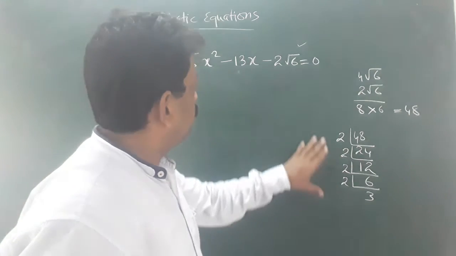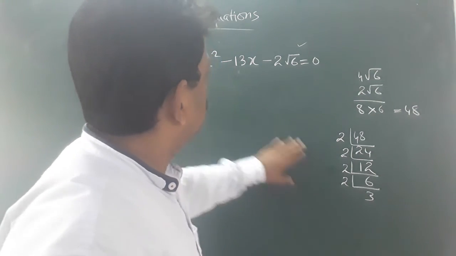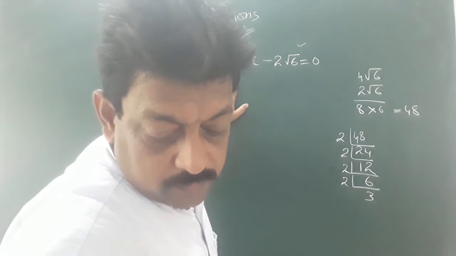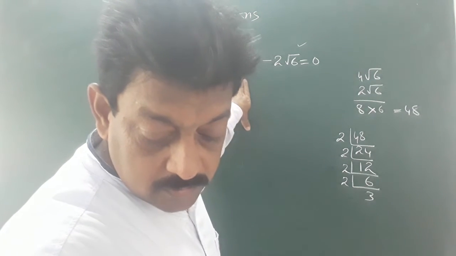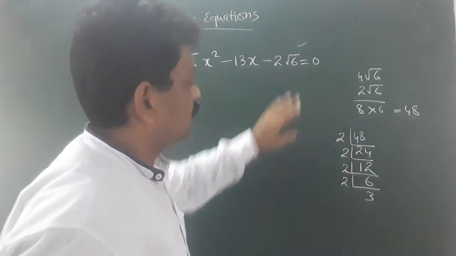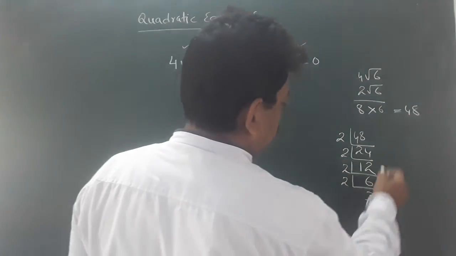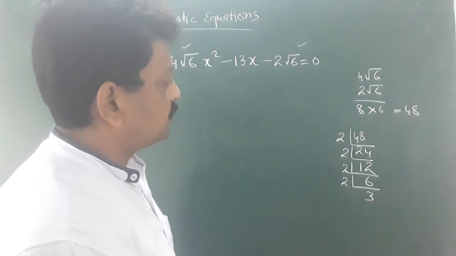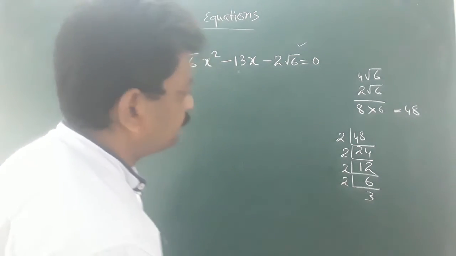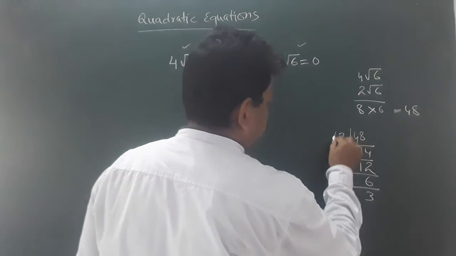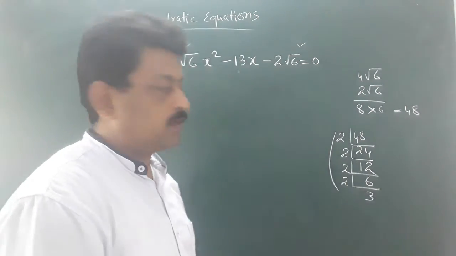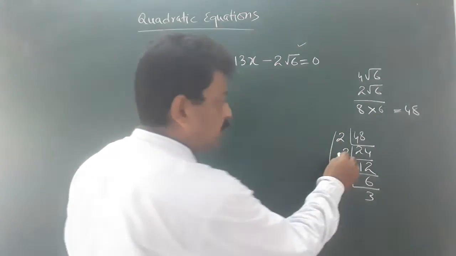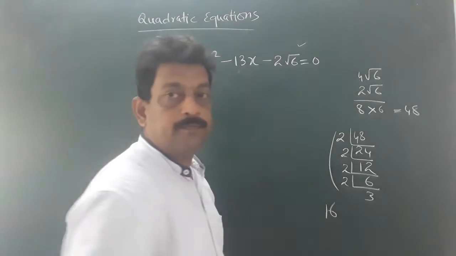From these factors we have to make minus 13. 4 root 6 x square minus 13x minus 2 root 6. Now arrange this in such a way that these two make minus 13. So let us take the first 4 factors: 2 into 2 into 2 into 2. There are 4 twos. If they are multiplied, their product will be 16.